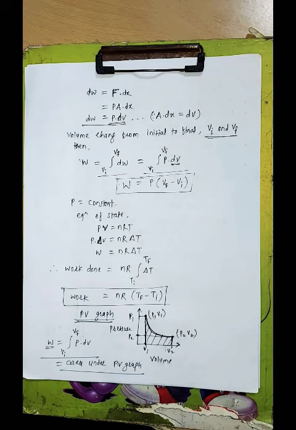The next conclusion is, if volume increases, then work done is positive, and if volume decreases, then work done will be negative. And for a cyclic process, work done is positive if the cycle is clockwise, and work done is negative if the cycle is anti-clockwise. So these are some of the conclusions from this work done.